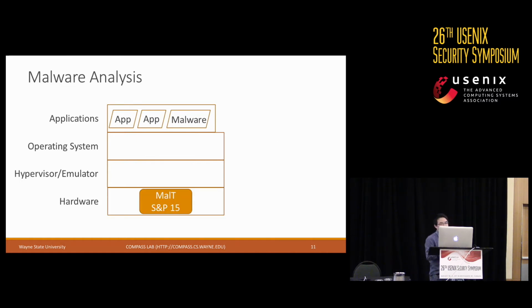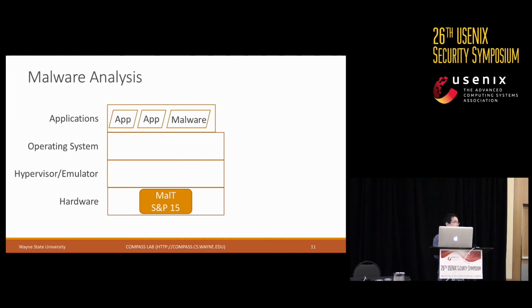In 2015, Malt introduced a new mechanism that leverages a hardware feature named system management mode in x86 architecture to create an isolated execution environment for the malware analysis system.